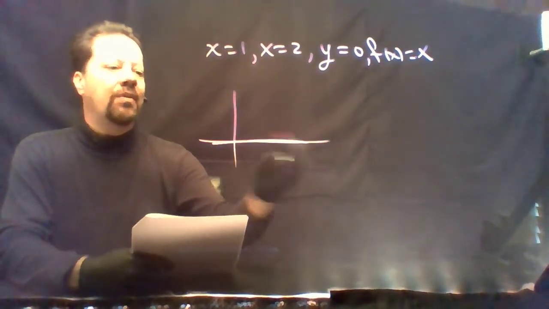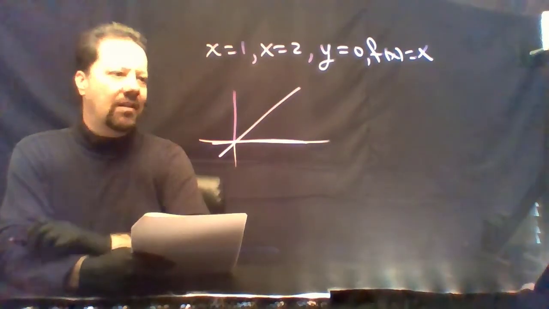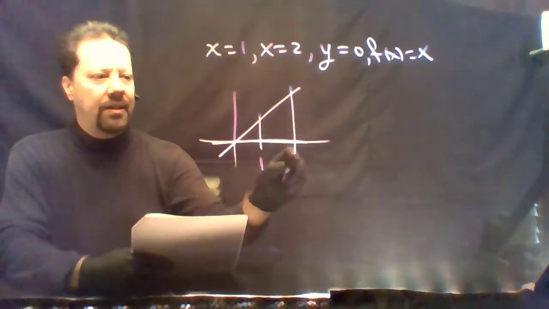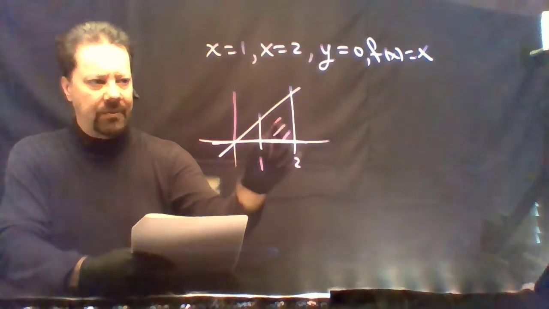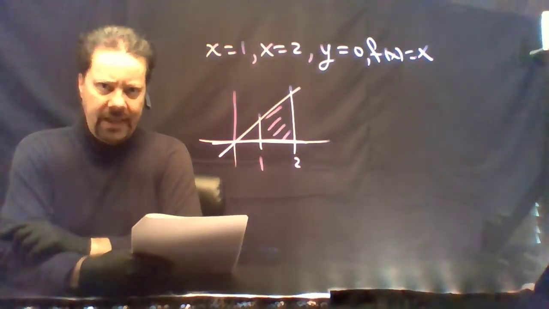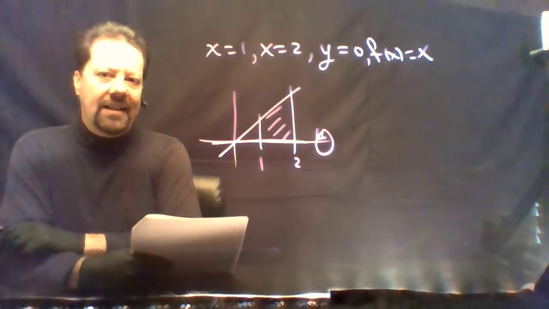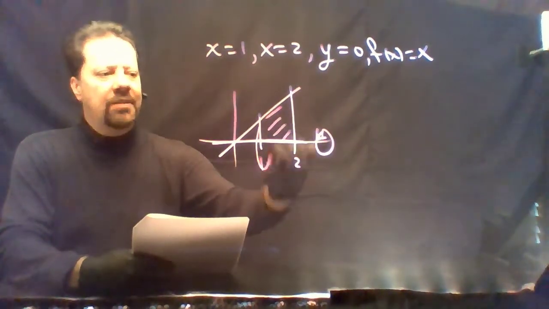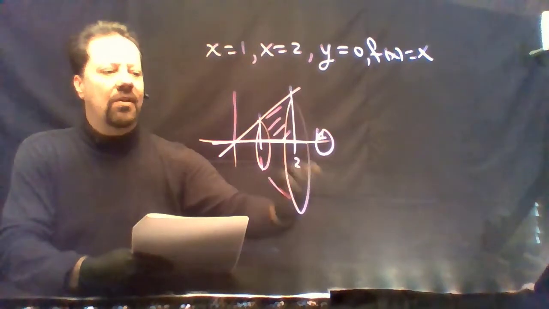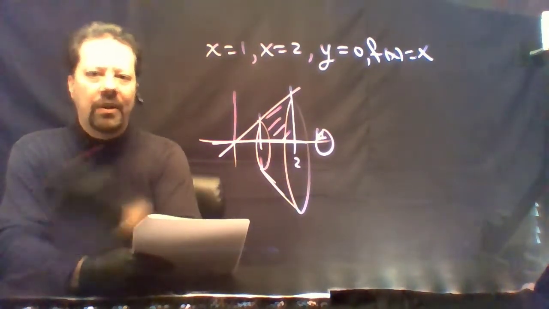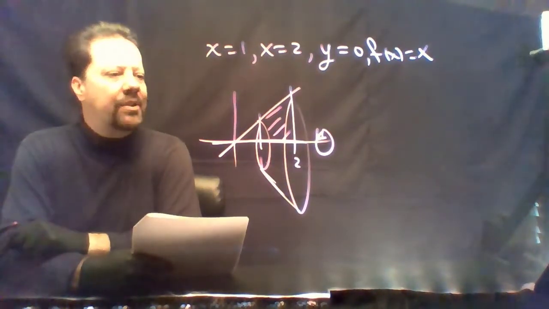So y equals 0 and y equals x are like this from 1 to 2. So the region that's bounded is shaded here. We're revolving this about the x-axis. We expect to get a region that is called a frustum of a cone that has had its tip chopped off.